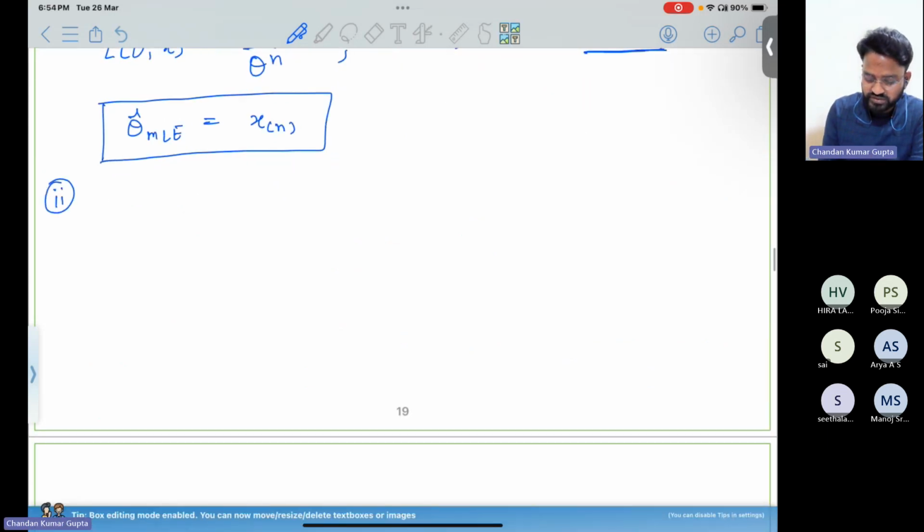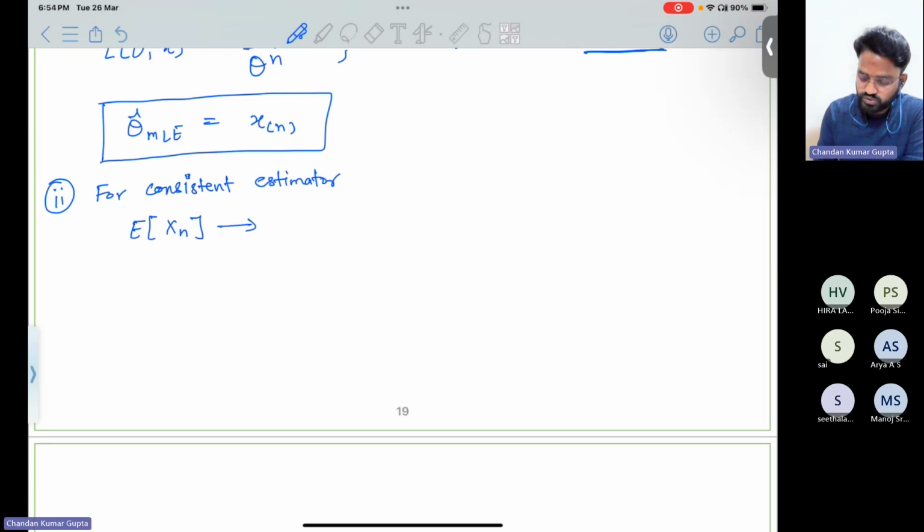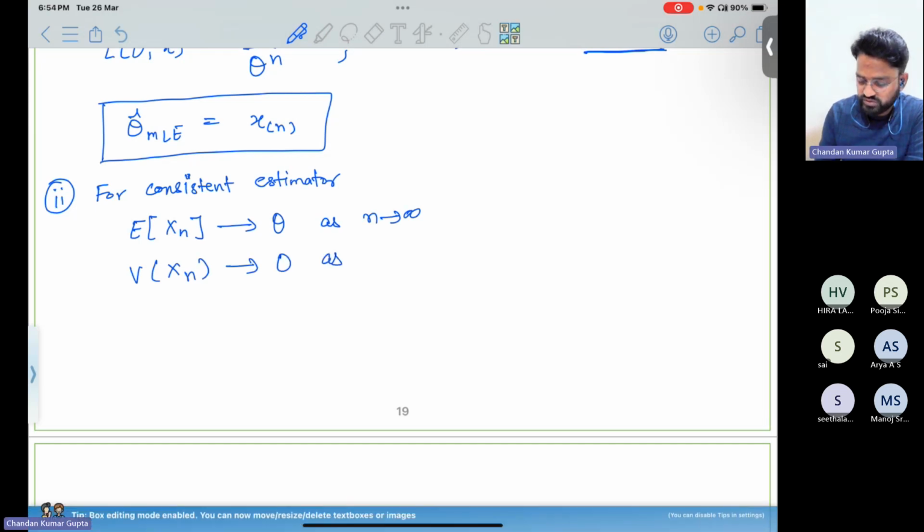So for a consistent estimator, the expected value of Xn goes to the parameter itself as n tends to infinity, and the variance of Xn goes to 0 as n tends to infinity, or for larger values of n.